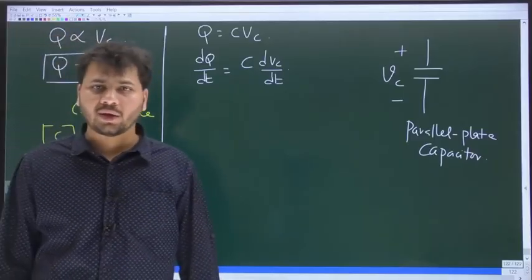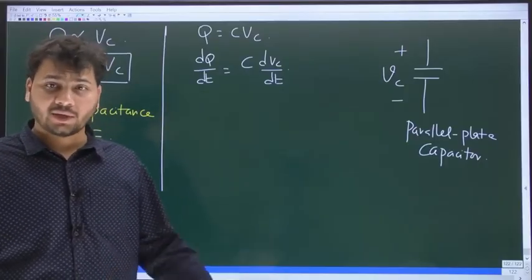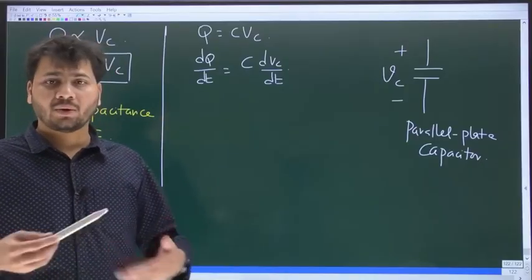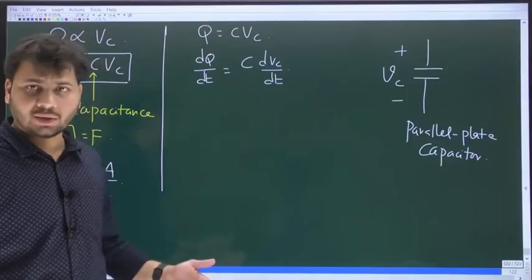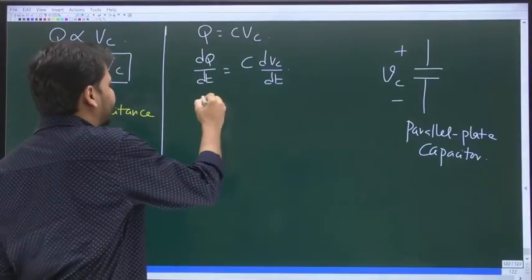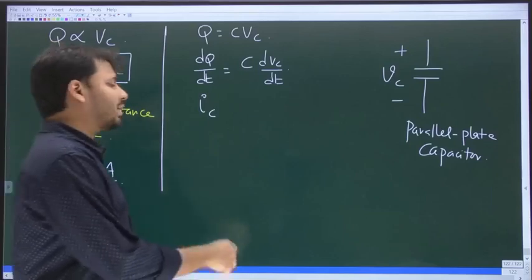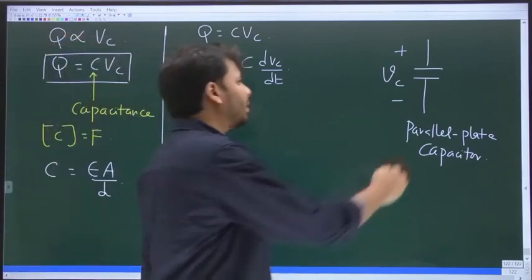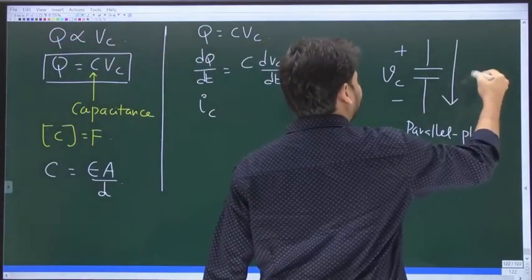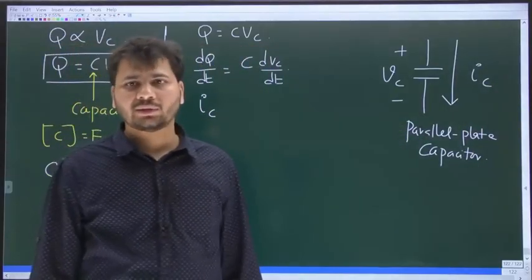Now what is this dq by dt? Is it not the rate of flow of charge or rate of change of charge? How will charge change? Only when current flows, because current is the rate of flow of charge. This dq by dt is nothing but Ic. Ic is the current through the capacitor flowing from plus to minus, and Vc is the voltage across the cap.